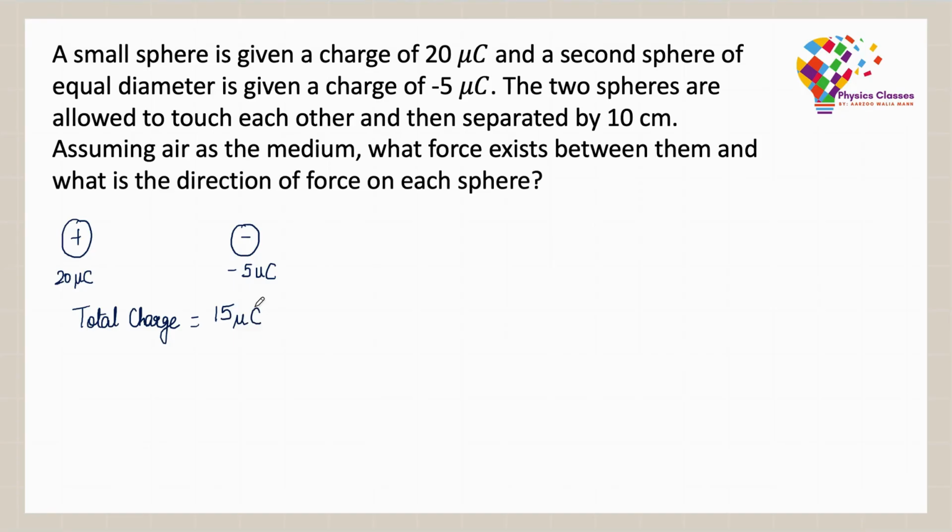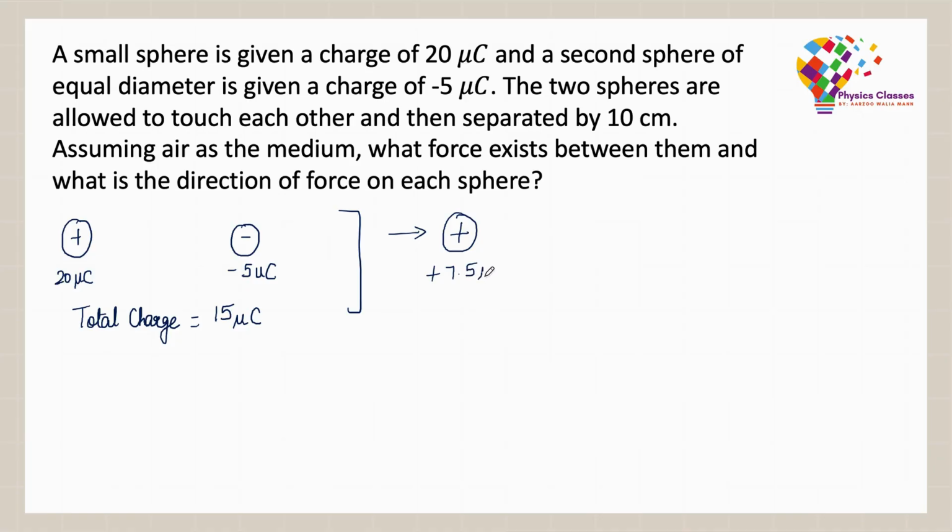So now your charges are plus 7.5 microcoulombs and another plus 7.5 microcoulombs, and they both are separated by a distance of 10 centimeters, which you can put in meters, and it would be 0.1 meters. And now we can directly apply Coulomb's law in order to find the magnitude of the force that these two are exerting on one another.